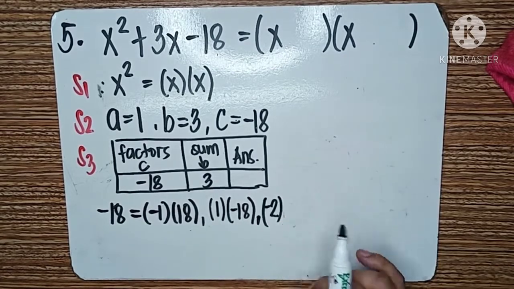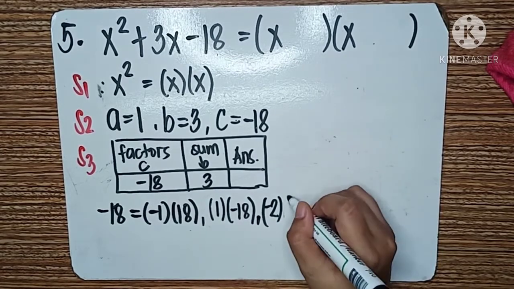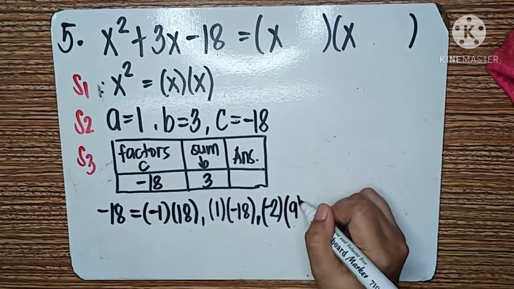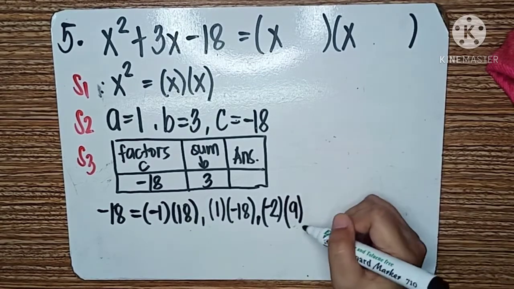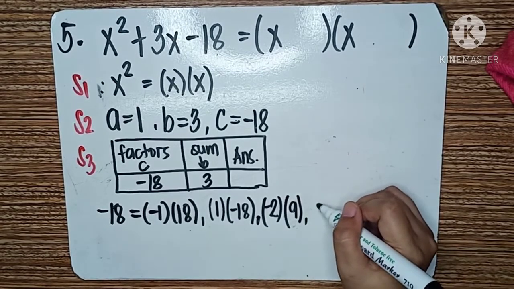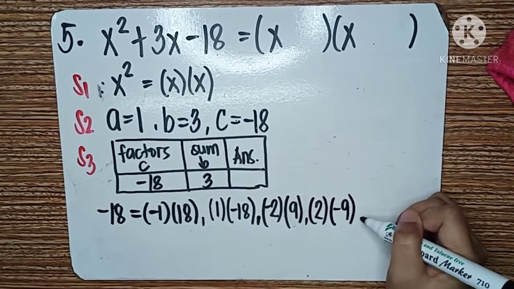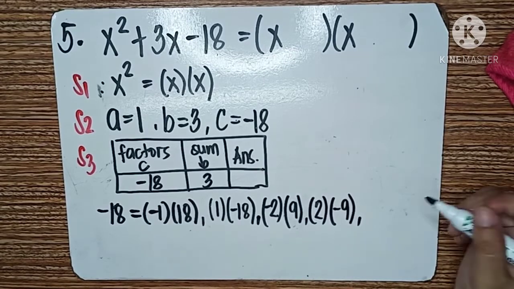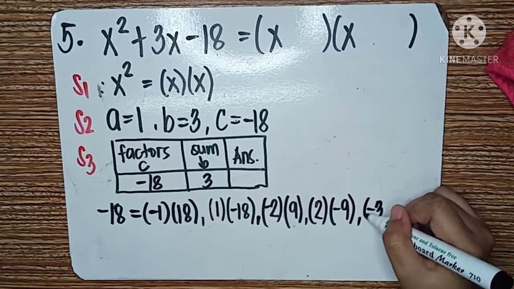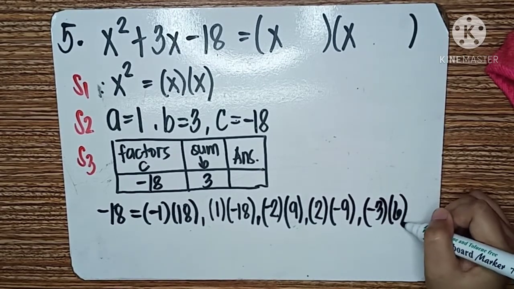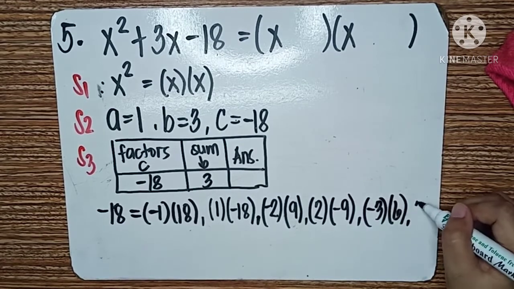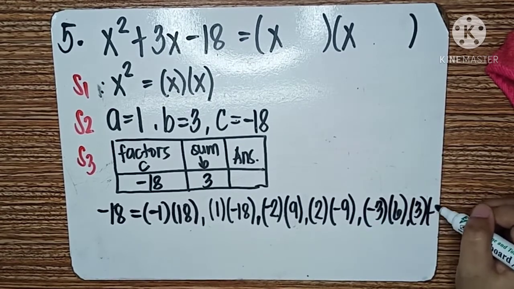Another, negative 2 and positive 9. Next is, baligtarin natin, positive 2 and negative 9. Another, negative 3 and positive 6. Baligtarin natin, positive 3 and negative 6.